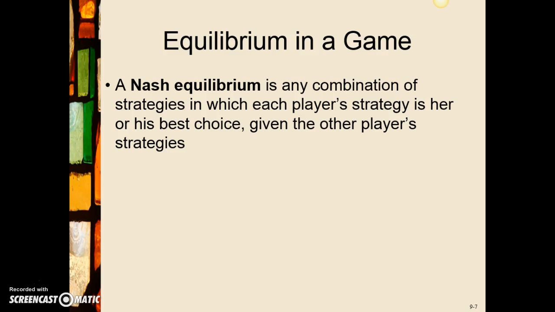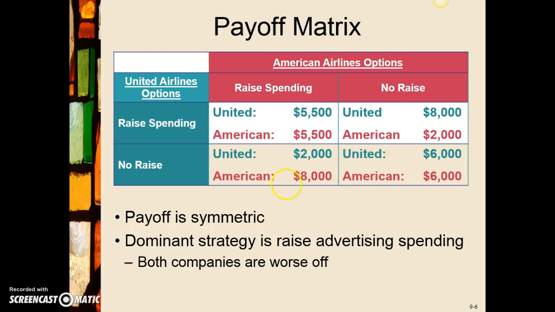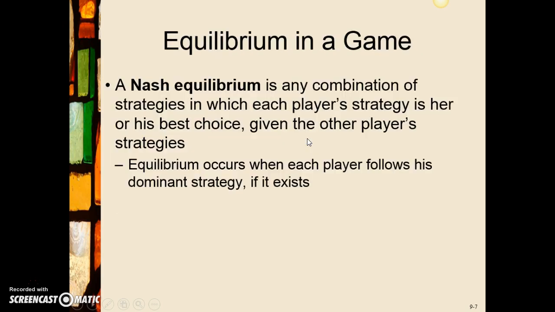So a Nash equilibrium is any combination of strategies where each player's strategy is his best choice given the other player's strategy. So I want to go back and remember that raising was United's best option if their other company was going to raise, and raising was American's best option if United was going to raise. And so this is the only cell here where both companies are playing a best response.